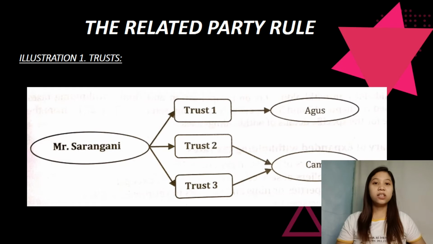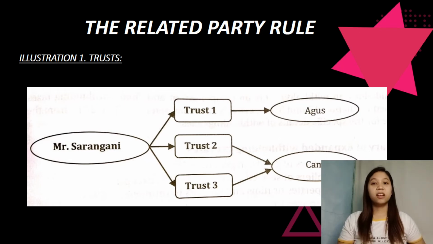In this illustration, the fiduciaries of all the trusts are related to Mr. Sarangani. And also, the fiduciaries of Trust 2 and Trust 3 are related because the trusts they manage are for the same beneficiary. Agus is related to the fiduciary of Trust 1 but not to the fiduciaries of Trust 2 and Trust 3.